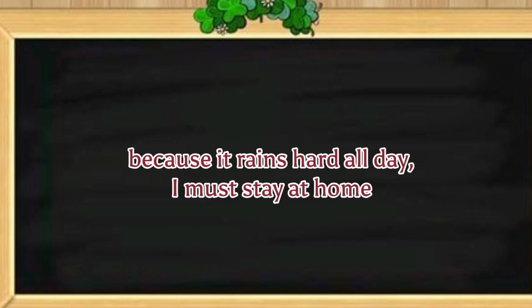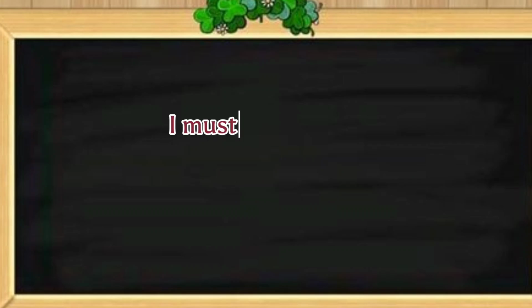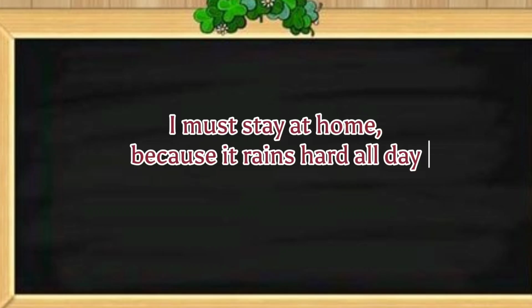Yeah, because today it's raining so hard, I have to stay at home, can't go anywhere. And here, you can put because in the middle. If you put it in the middle, you can make it like: I must stay at home because it rained hard all day.